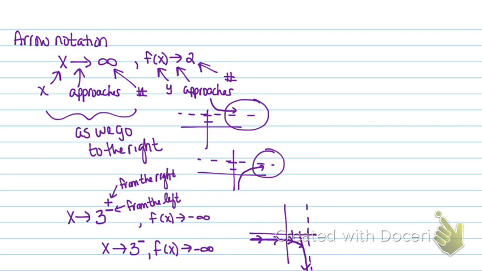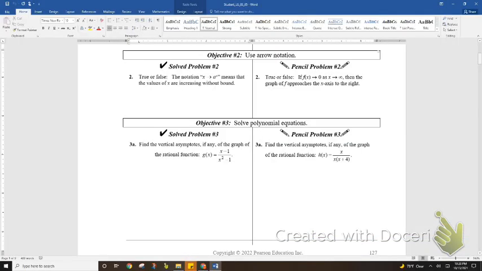Alright, so let's go back and look at our notes. Solve problem number 2. It's true or false. The notation is X approaches A with a little plus. Remember, that means from the right. It means the values of X are increasing without bound. When they're increasing or decreasing without bound, this is that positive or negative infinity, okay? Well, this doesn't say that X is going to negative infinity or positive infinity, does it?